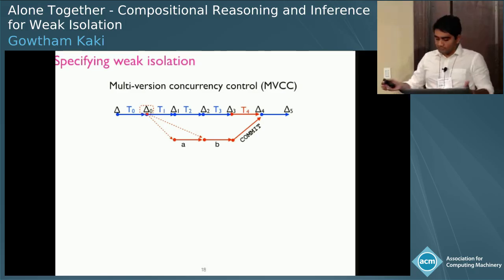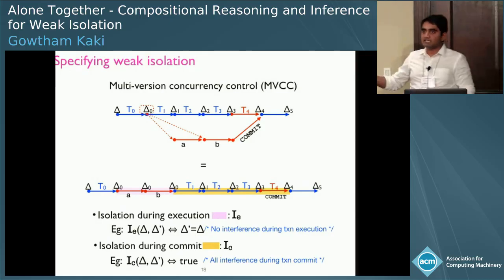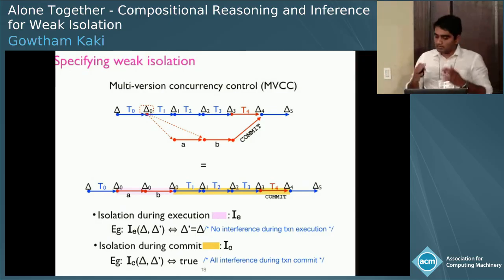So we can distinguish between the two: the lifetime of the transaction T4 can be split into two phases, the execution phase, which includes the step AB, and the commit phase. Since AB see the same delta, we can think of it as not admitting any interference during its execution. And the commit step commits to a different state, so we can think of aggregating all the interference into the single phase between execution and the commit point.